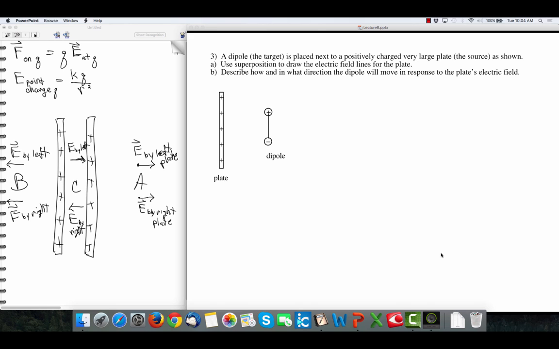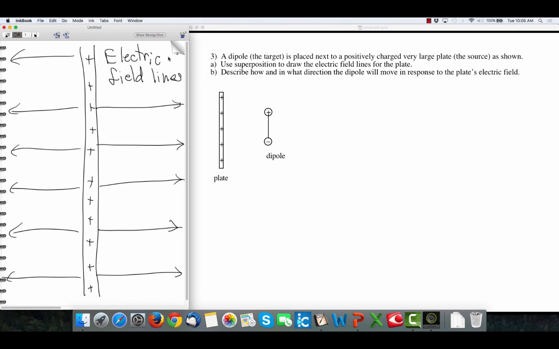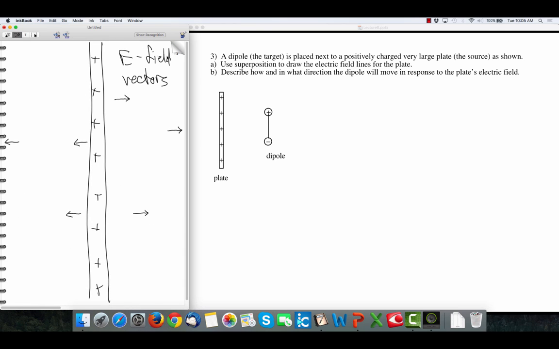Okay, dipole, same quiz. Dipole is placed next to a positively charged, very large plate, as shown. The plate, of course, again, should be drawn much, much farther. Maybe I'll use a plate that I've used here and put this dipole there.